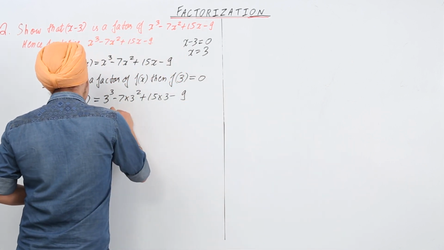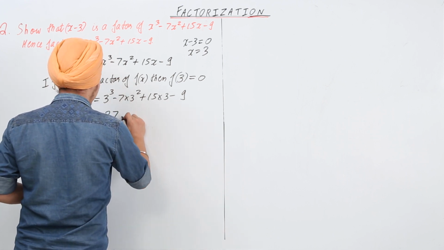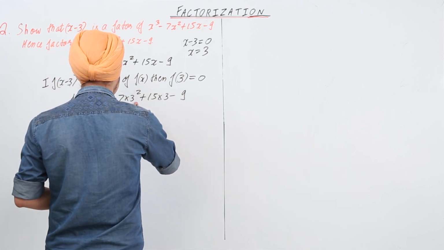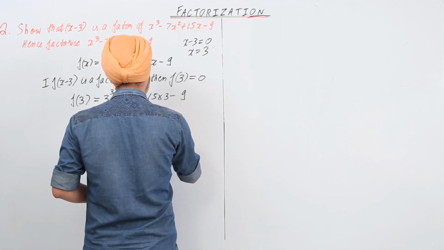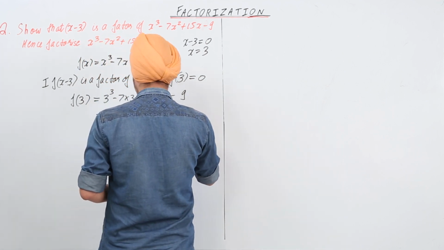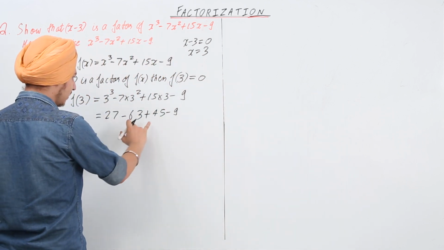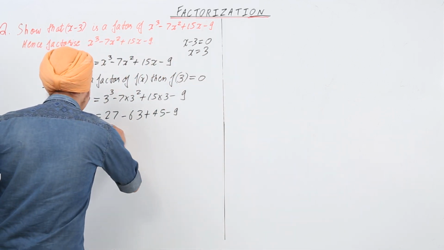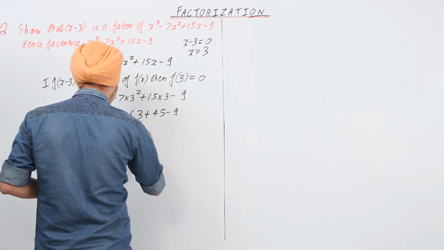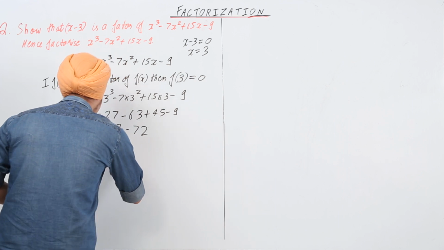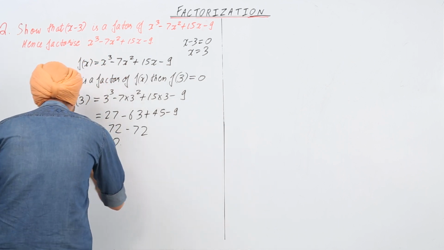So we get 27 minus 7 into 9, that is 63, plus 45 minus 9. So 27 plus 45 is equal to 72, and 63 plus 9 is equal to 72 too. So we have 72 minus 72 is equal to 0.